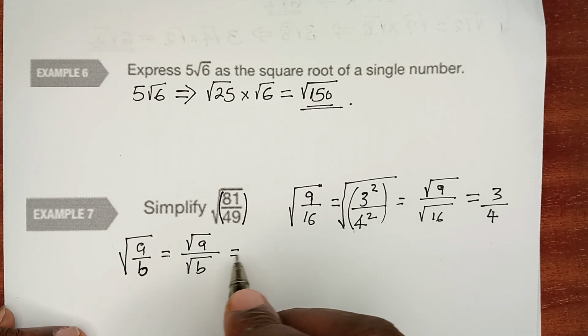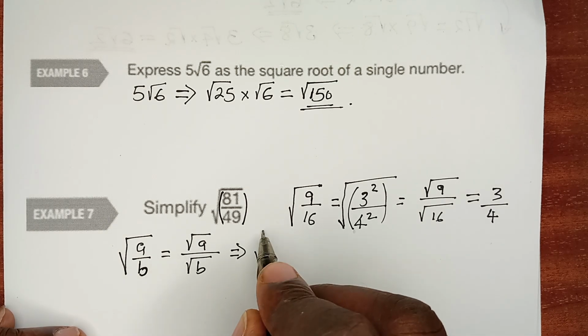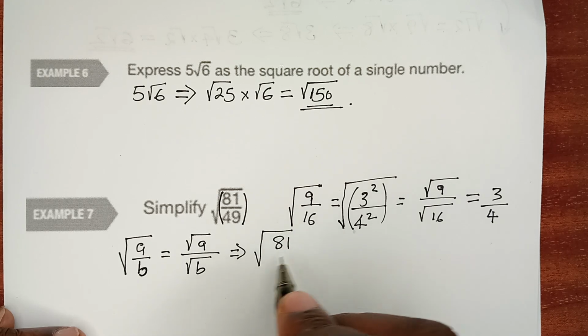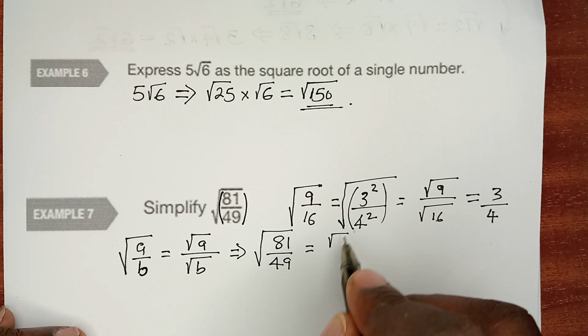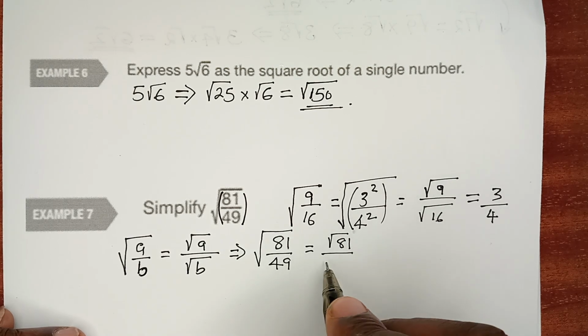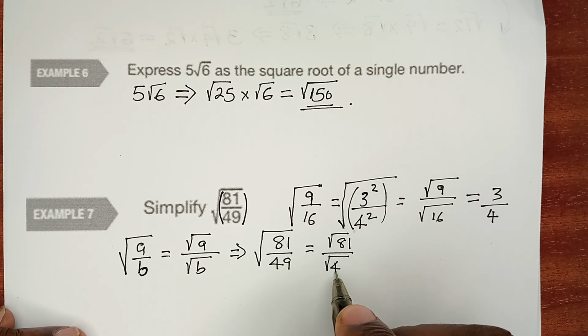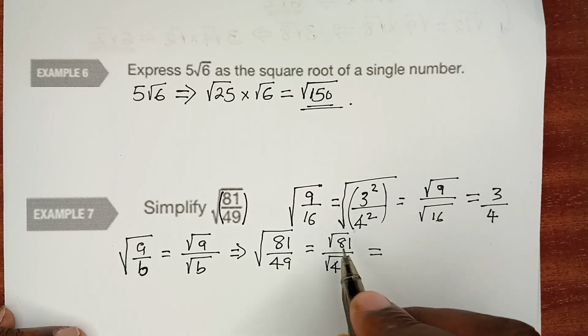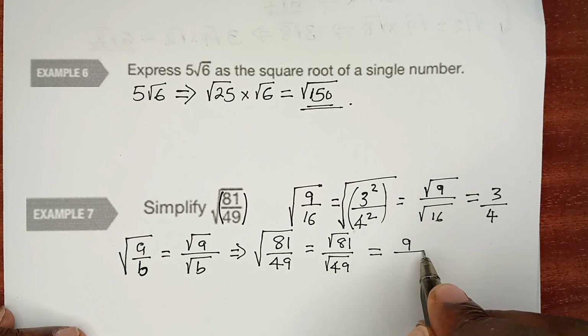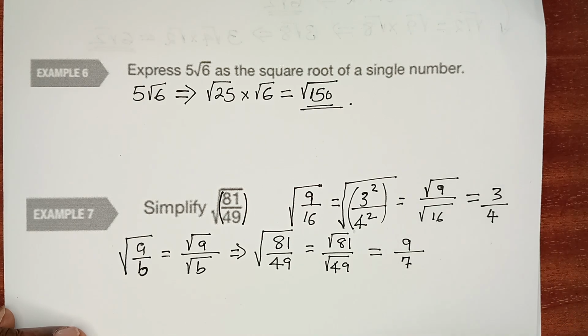And this is the same as saying, now our question, the square root of 81 over 49 is the square root of 81 over the square root of 49. The square root of 81 is 9, and the square root of 49 is 7. And that is the final answer to that example. That is how best we can explain that example.